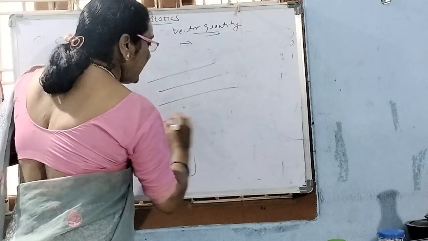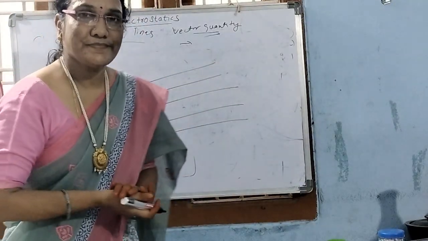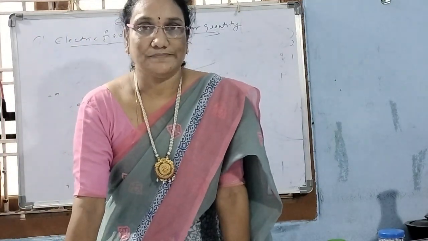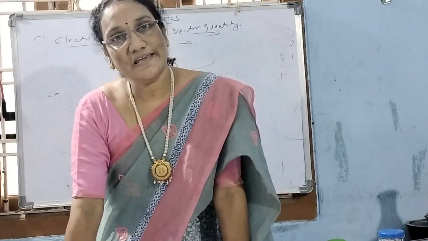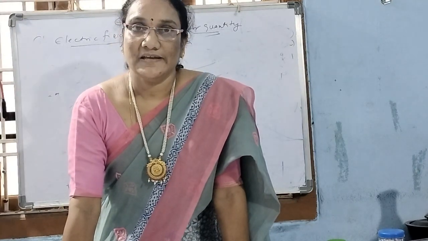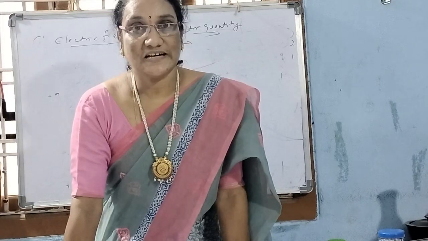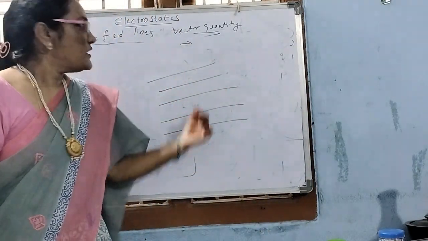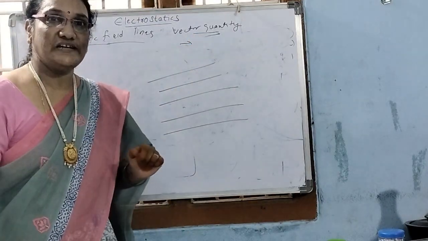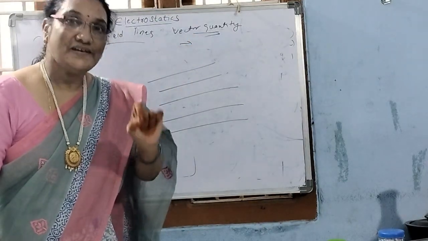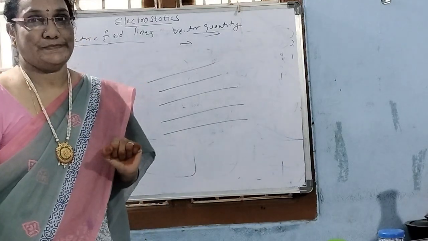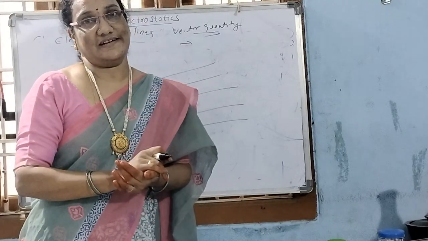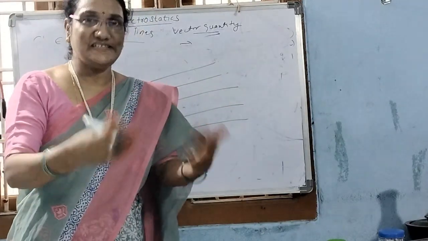Now, I said that electric field is a vector quantity. This electric field is comprised of these electric field lines only. As we are saying it is a vector quantity, we need the direction as well as the magnitude. So first, let us discuss the direction of electric field lines.